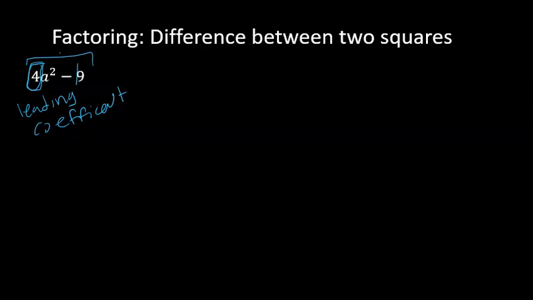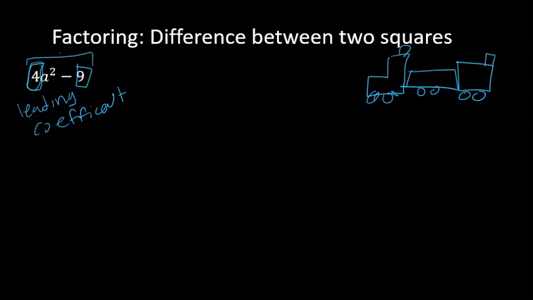And then the caboose, I guess, which is the very back of the train, that's the constant. So the leading coefficient is like the guy sitting where the engine is, and the caboose is the constant, which is the number 9. So that's what our little train looks like. Here is our train. Is that what a train looks like? I don't know.